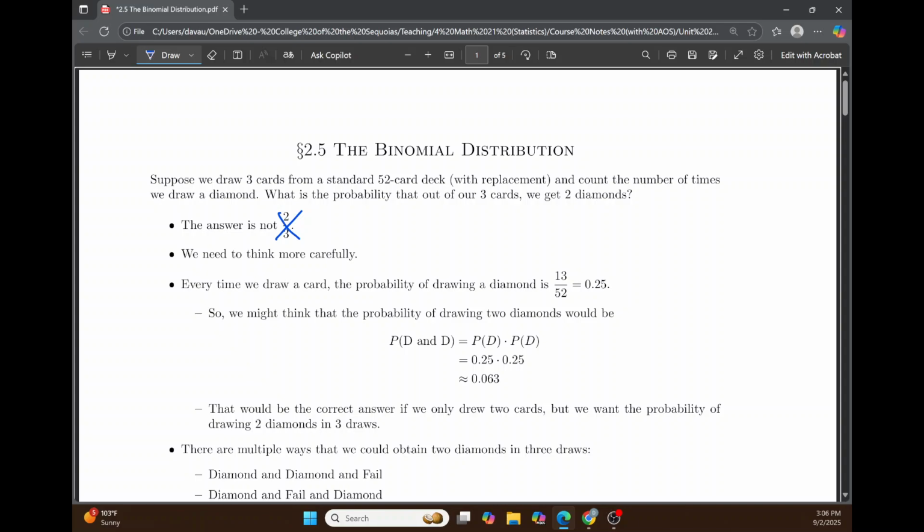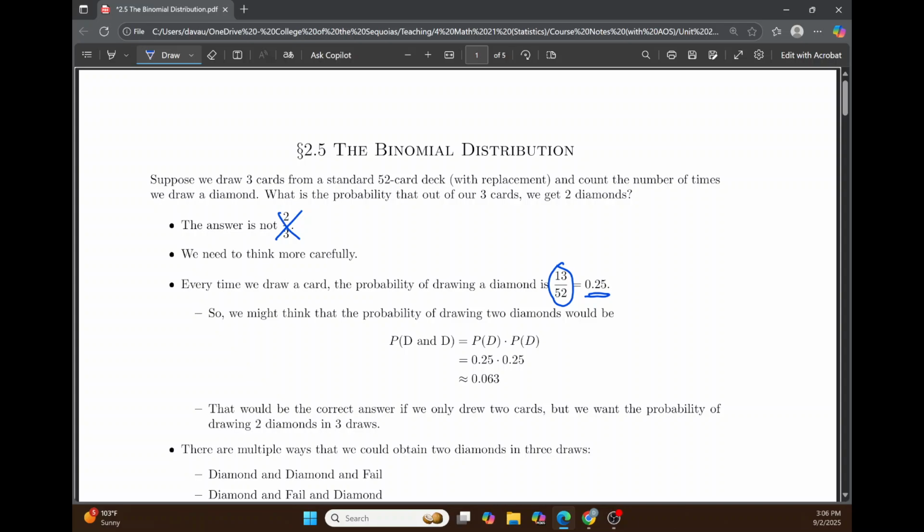Every time we draw a card, the probability of drawing a diamond is going to be 13 out of 52, because there are 13 diamonds in the deck and 52 cards in total. 13 out of 52 reduces to 1/4, or in other words, 0.25, 25%. 25% of the cards in the deck are diamonds.